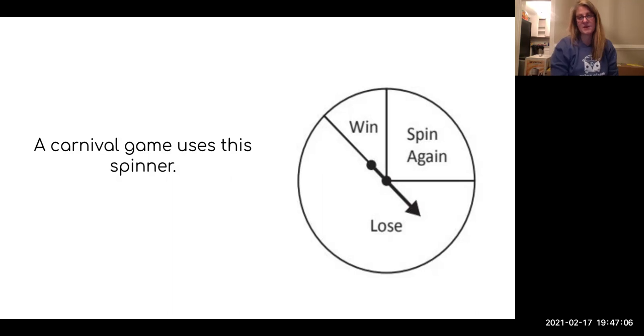I would say an impossible spin could be landing on the color yellow or landing on jump up and down. If you saw this game at a carnival, would you want to play it?